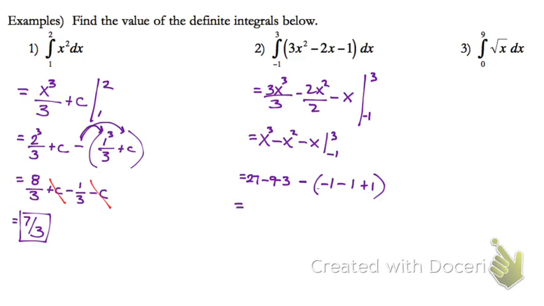So 27 minus 9 is 18. 18 minus 3 is 15. Minus negative 1, that's negative 2, plus 1 is back to minus 1 again. So 15 plus 1 is 16. And that's the exact area under the curve of 3x squared minus 2x minus 1 between negative 1 and 3.